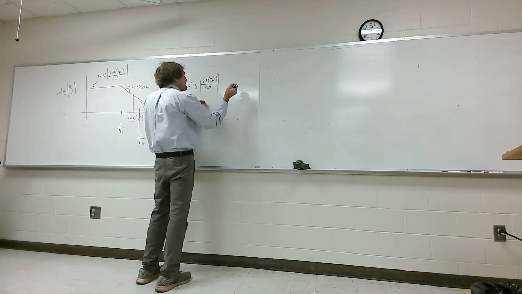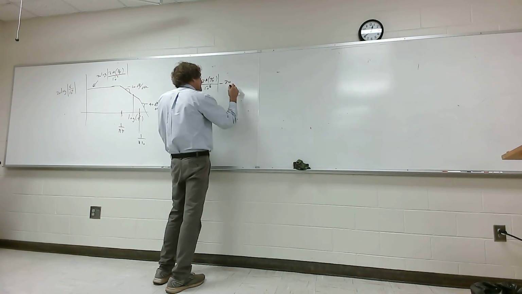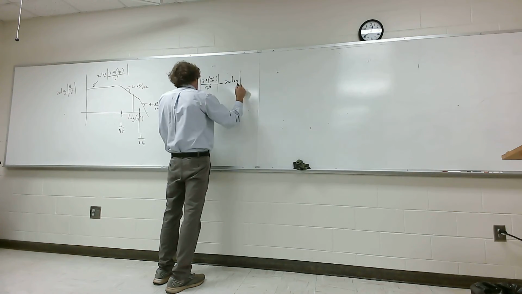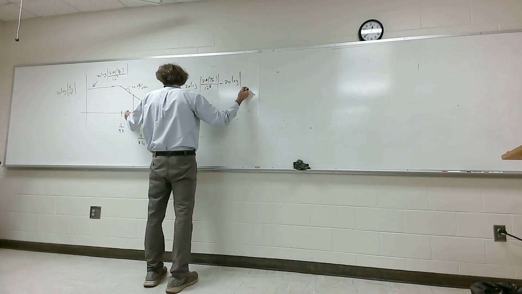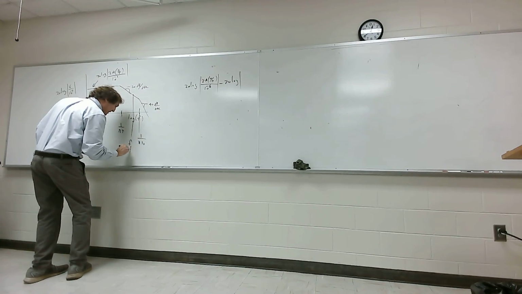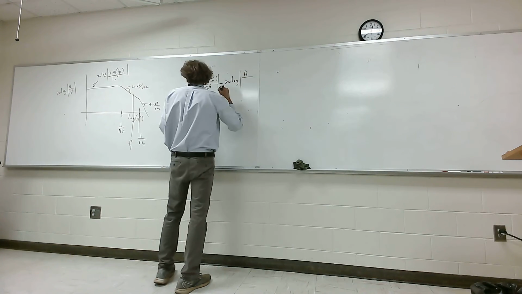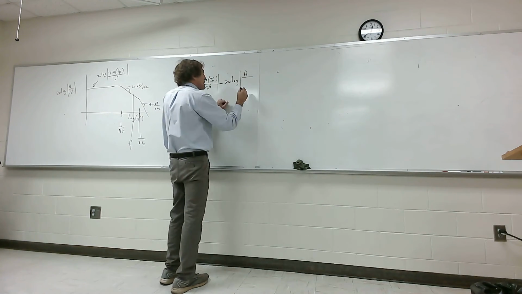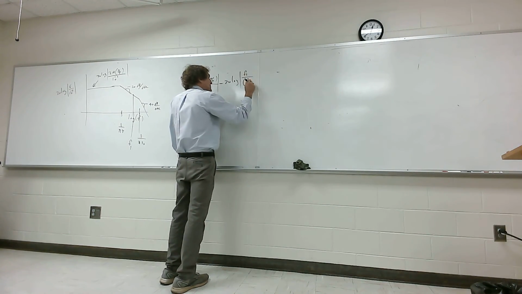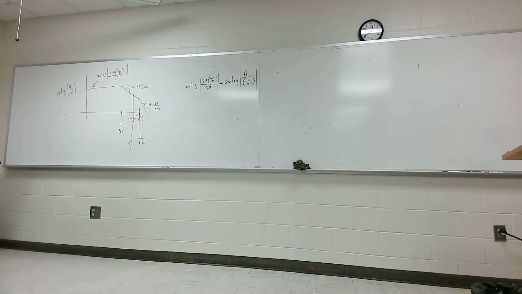Then, this first break frequency is at 1 over pi tau. So then it would be minus, now it's starting to go down at 20 dB per decade, 20 times the log of the upper frequency, call it F1 right there, over the first break frequency, which is 1 over pi tau. That would be the value of that one.